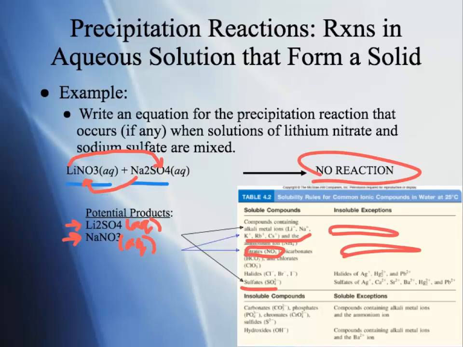This is going to be one of the keys in your pre-lab for tonight, for lab number 7, is that a bunch of the ones you're going to have to predict the products and then figure out if they're going to be soluble or not. If both of them are soluble, then you have to write no reaction. If you write anything else, if you hook up Li2SO4 and NaNO3 on the other side, that indicates that there's going to be a chemical reaction, and you will get it wrong.